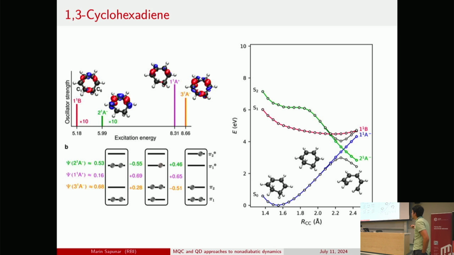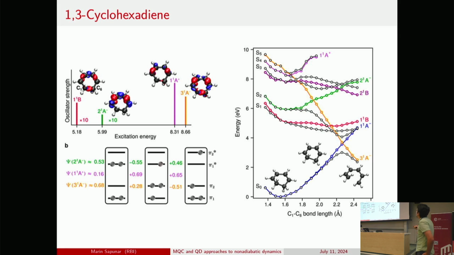And when you look at just the orbitals, they have mixed contributions that look quite similar at first. But when we do the scan with more states and try to diabatize on this scan and project, we see that the wave function here in this region doesn't look anything like this state. It looks like this state.